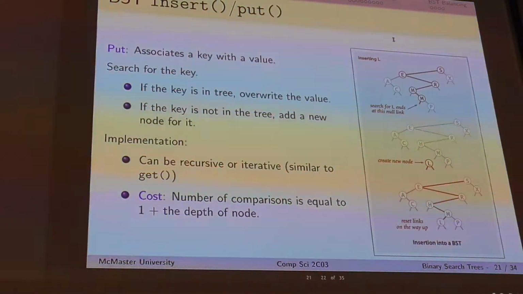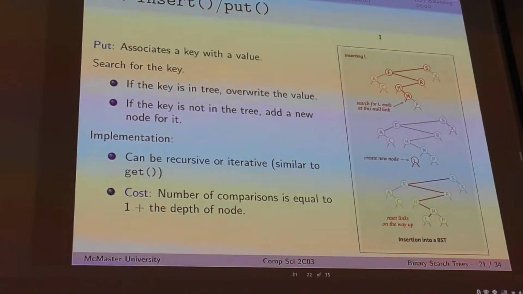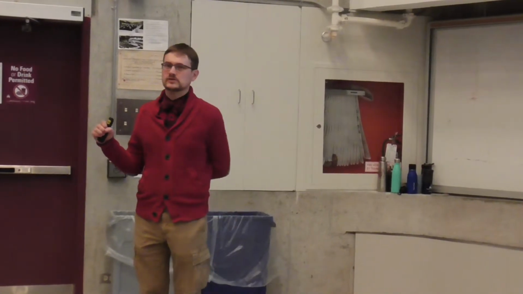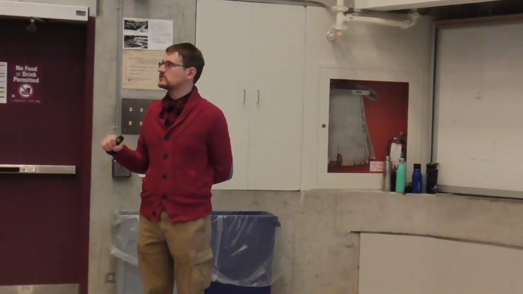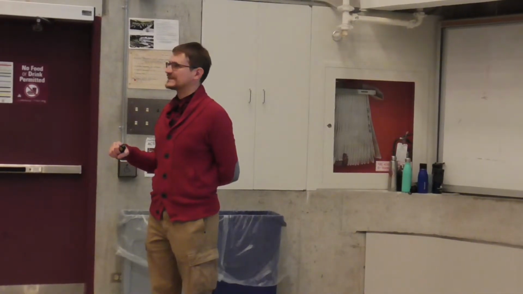That generalizes us to the put procedure. Make sense? So put is the combination of the search and the insert. Any questions? The stuff isn't too bad, right? Just wait till we get to red black trees.